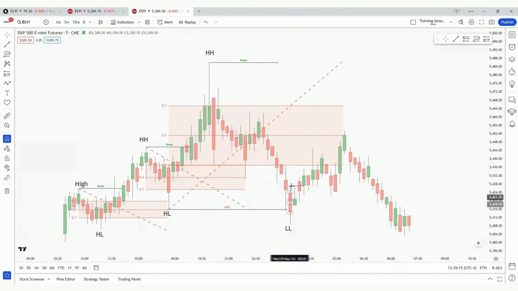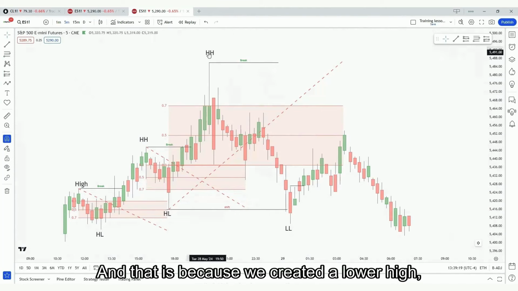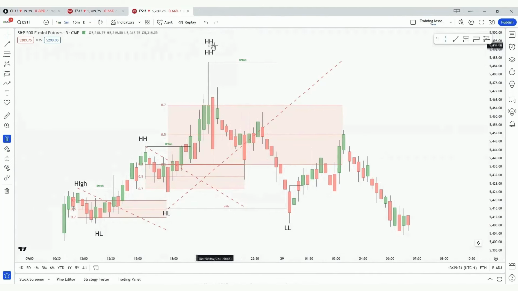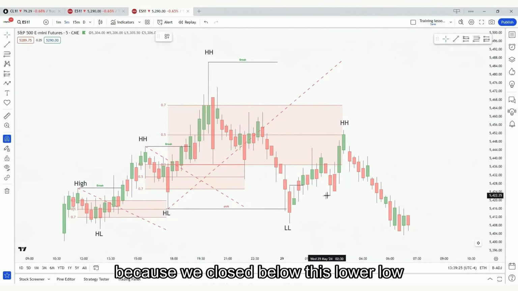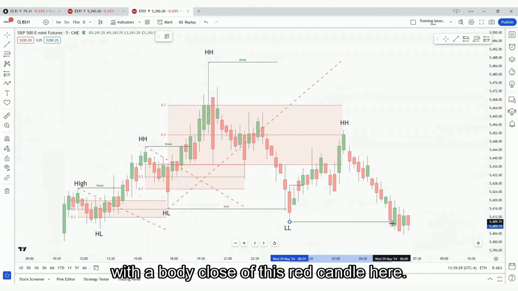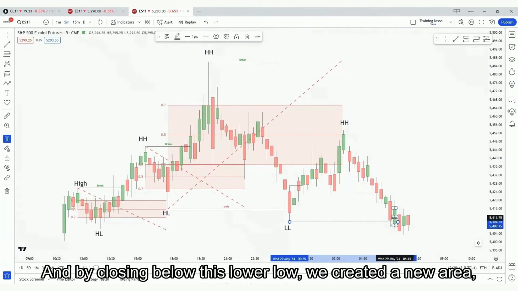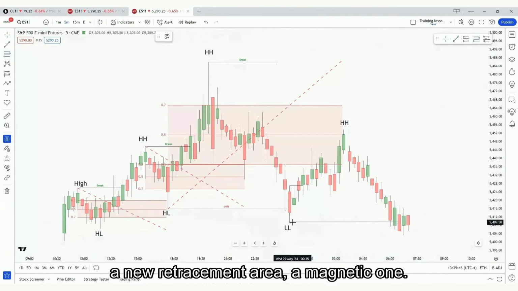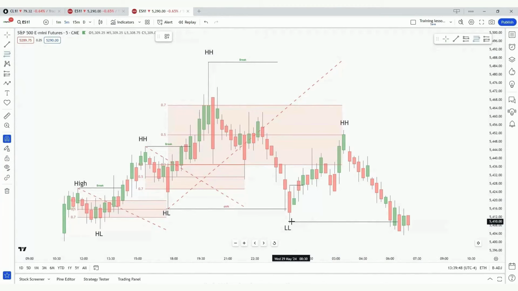And that is because we created a lower high. That's this one over here. Because we closed below this lower low with a body close of this red candle here. And by closing below this lower low, we created a new area, a new retracement area, a magnetic one.